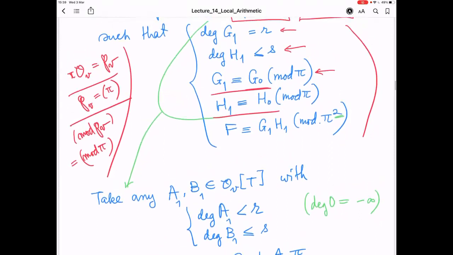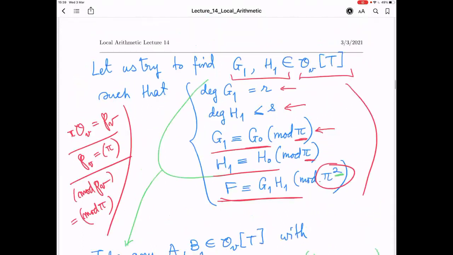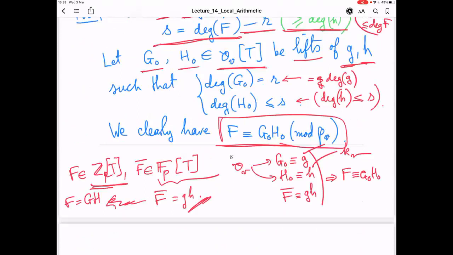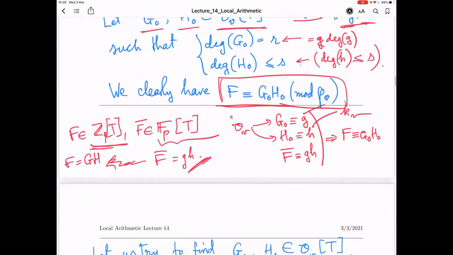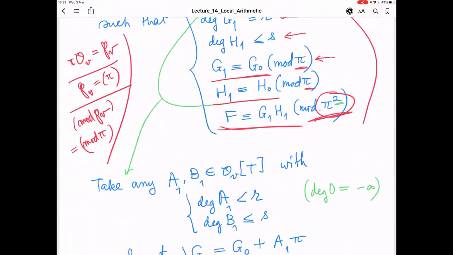These are just the conditions, but the main requirement is that F should be congruent to G1 times H1 modulo pi squared, not just pi, but pi squared. Modulo pi, I already have this: F is congruent to G0 times H0. But I want now a factorization which is valid modulo pi squared and not just modulo pi.